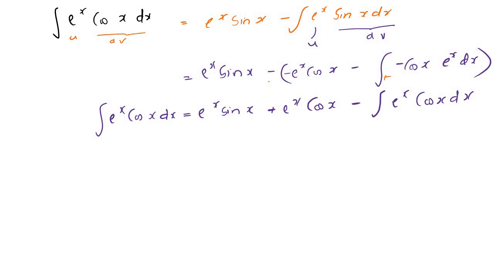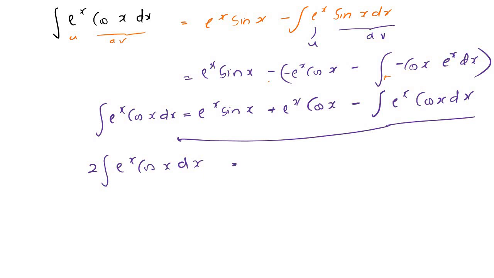So we bring this to this side, then we got 2 integral e to the power x cos x dx is equal to e to the power x sine x minus e to the power, it's minus, so it's plus e to the power x cos x plus c.